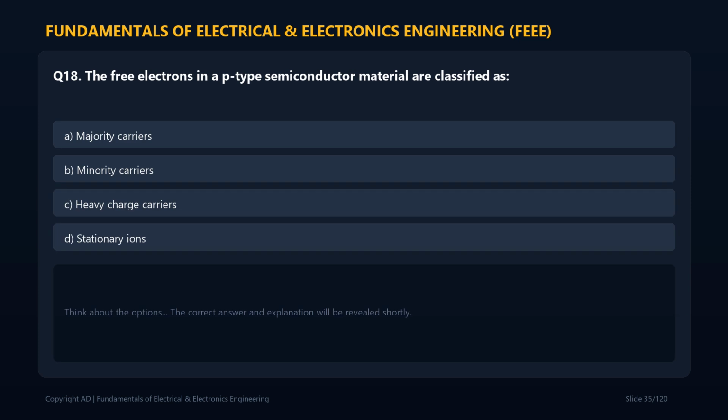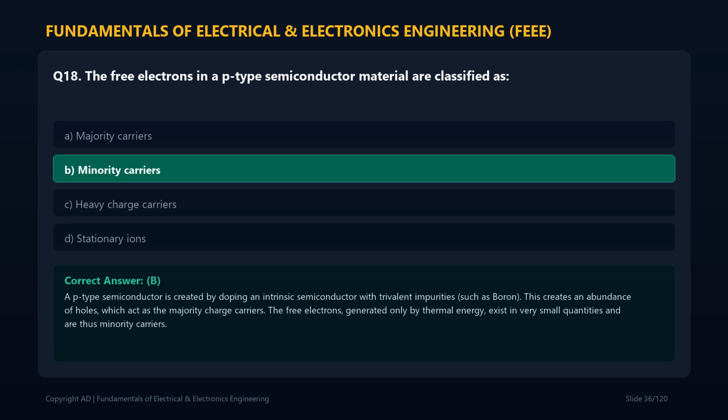Question 18. The free electrons in a p-type semiconductor material are classified as option A, majority carriers. Option B, minority carriers. Option C, heavy charge carriers. Option D, stationary ions. The correct answer is B, minority carriers.